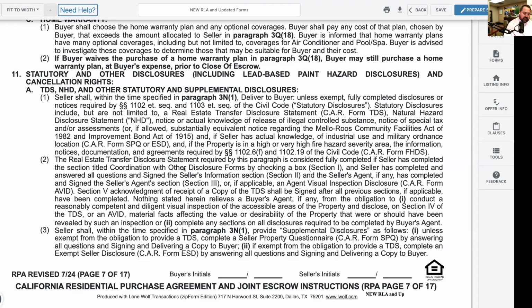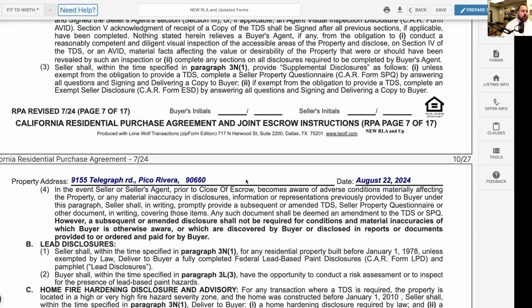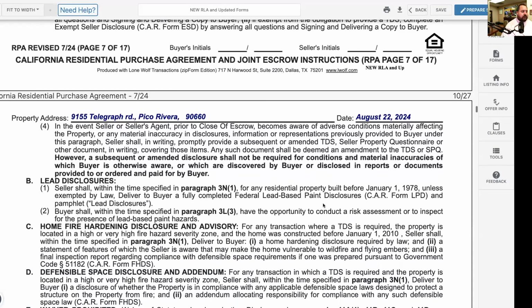So, for example, if a buyer were to write something saying, I'm waiving my right to these disclosures, the seller could still be held responsible for non-disclosure because the state does not allow us to waive the delivery of these disclosures. So it's good to know that you talk to your client about all of these so they know what they should be expecting, and then explaining to the seller why they have to be delivered, why they're required, okay?